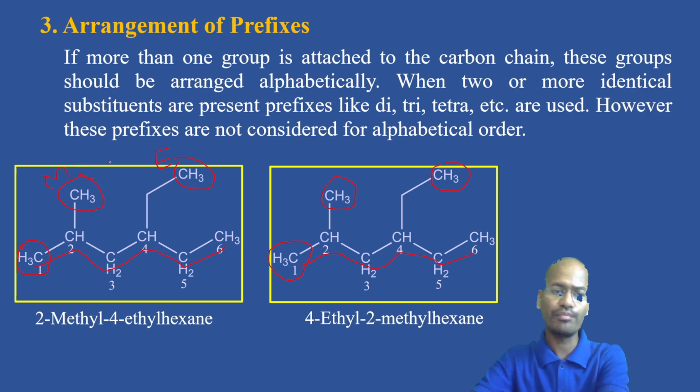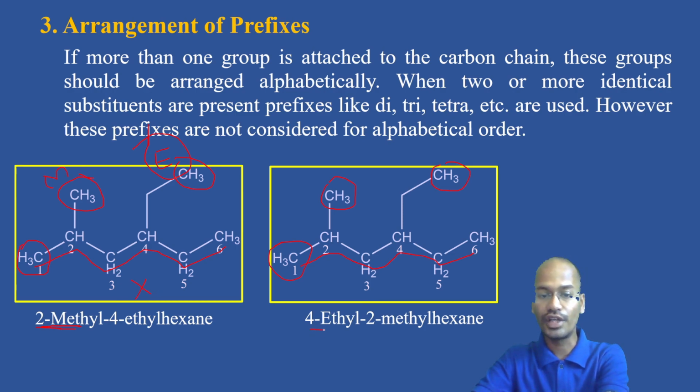So out of M and E, which one comes first? Obviously, E comes first, and so E should come first. Here, instead of starting with ethyl, which alphabetically comes first, they have started with methyl, which means this is a wrong way of representation.